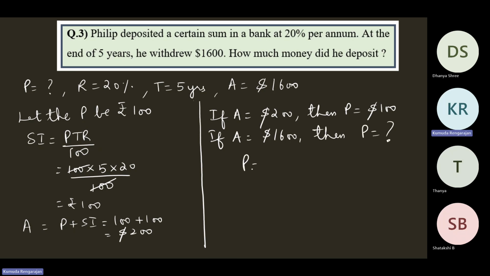So principal is equal to, you'll have to cross multiply. See here, this number into this number divided by this number. 1,600 into 100 by 200. Cross multiply like 1,600 into 100 divided by 200.